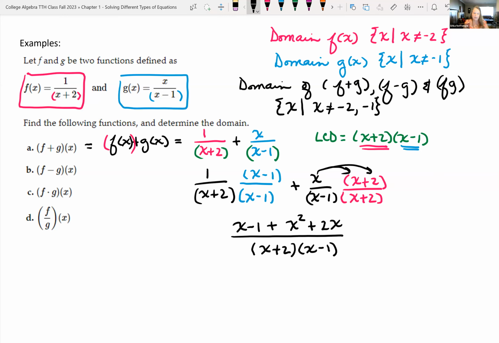Or x minus 1 times x plus 2 also works. Let's combine like terms in our numerator. So there's no other term like x squared, so bringing it down. I do have, though, an x plus a 2x, so that gives us plus a 3x minus 1 all over x plus 2, x minus 1.